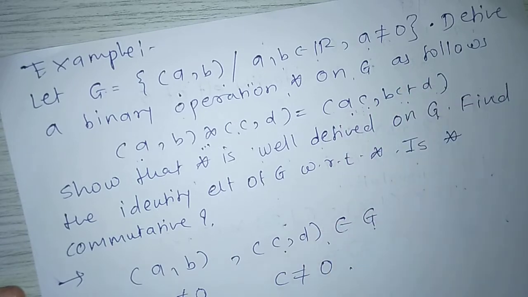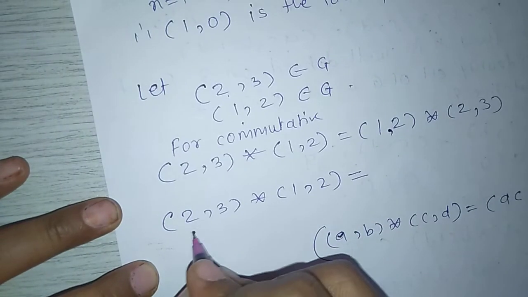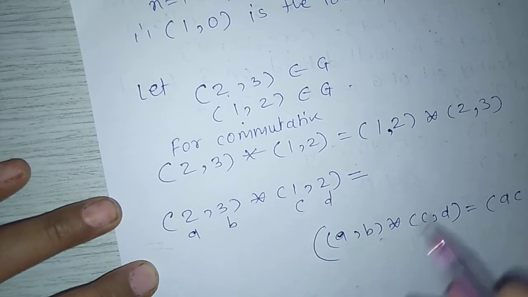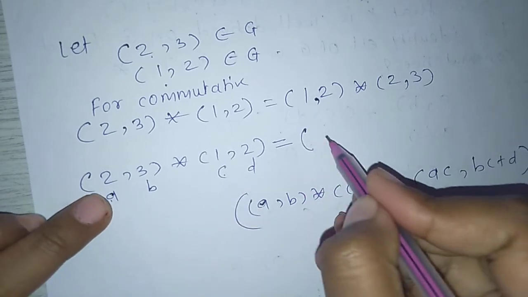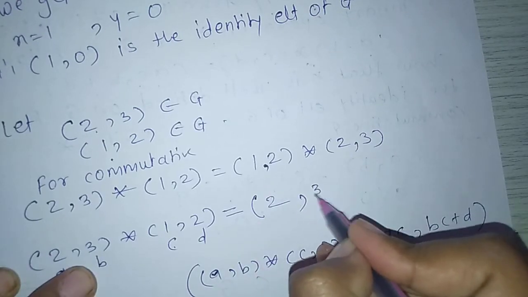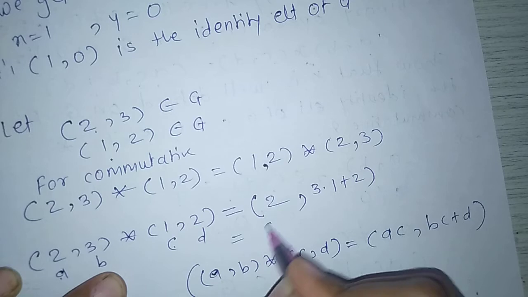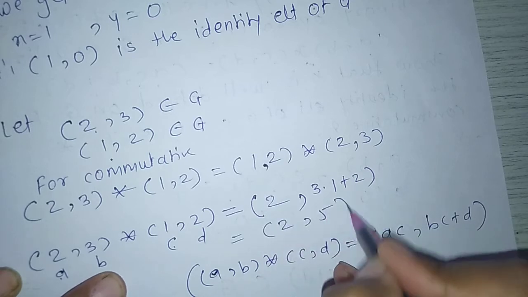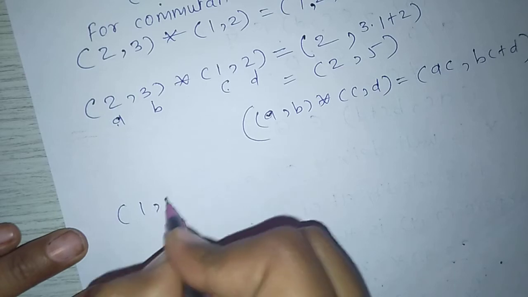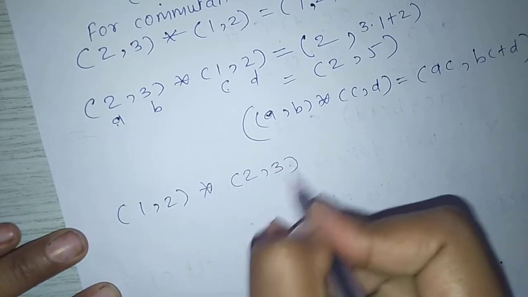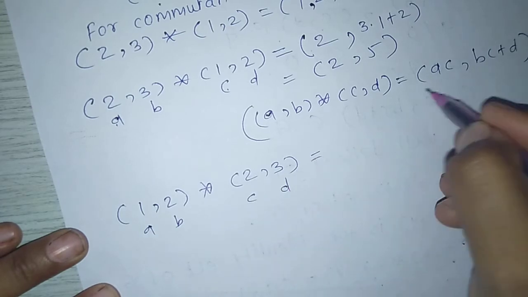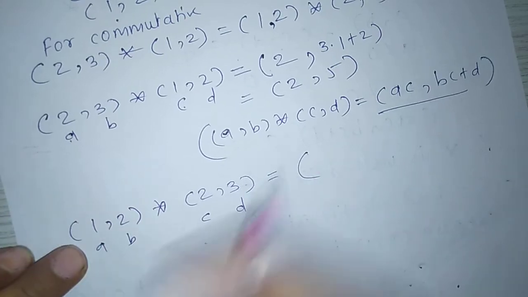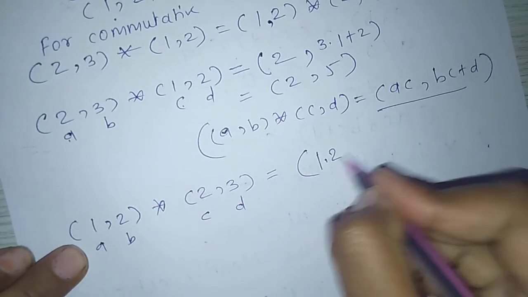Here a is 2, b is 3, c is 1, d is 2. a into c, first entry, a into c is 2. Next bc plus d, 3 into 1 plus 2. We get (2, 3 + 2) which is (2, 5). Next find (1, 2) star (2, 3). Here a equals 1, b equals 2, c equals 2, d equals 3. By this definition, a into c, a is 1, c is 2, 1 into 2 is 2.